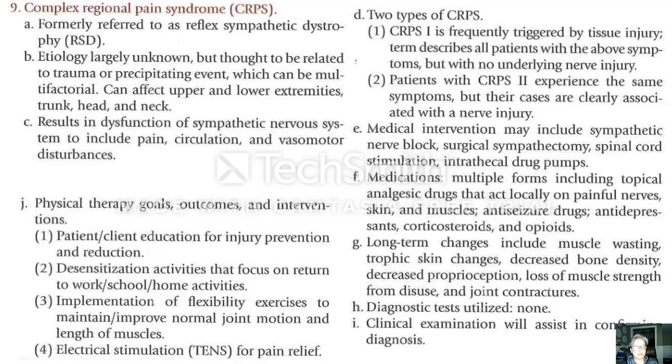TENS, electrical stimulation, TENS for pain relief. There are two types of CRPS. One, CRPS 1, is frequently triggered by tissue injury. The term describes all patients with the above symptoms, but with no underlying nerve injury.